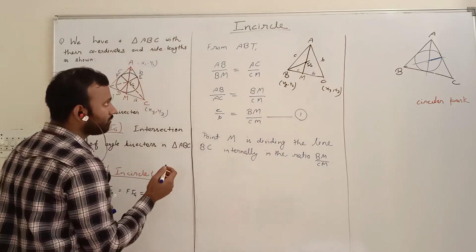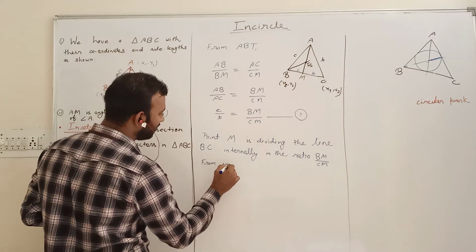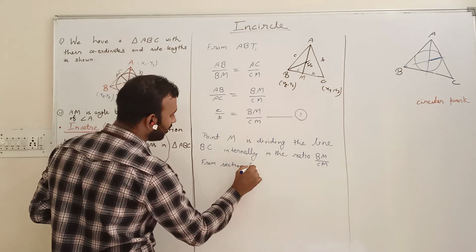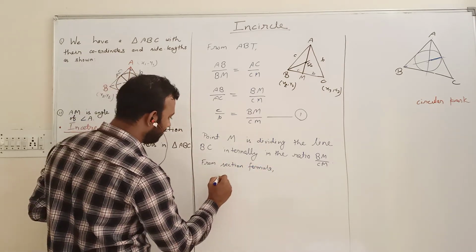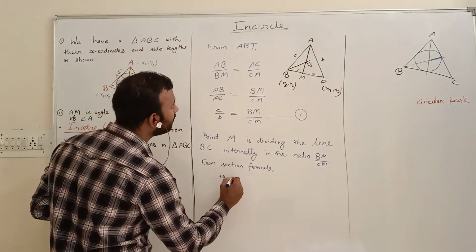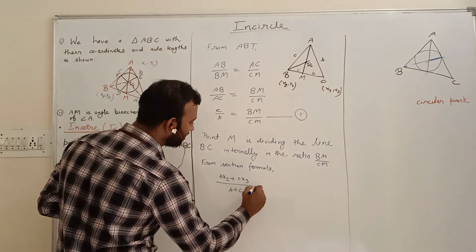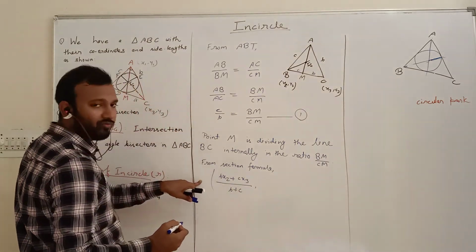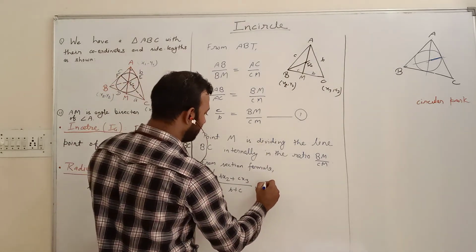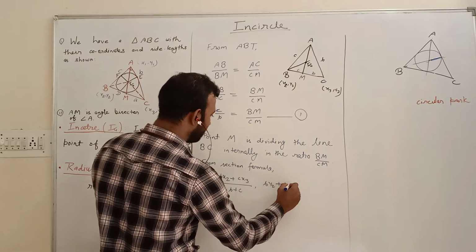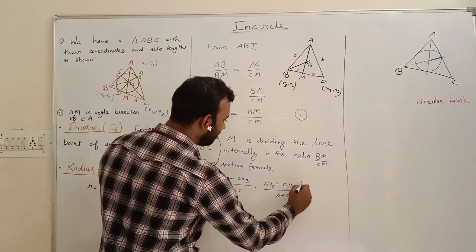So from the section formula, we can write (b x2 plus c x3) upon (b plus c), comma, (b y2 plus c y3) upon (b plus c).